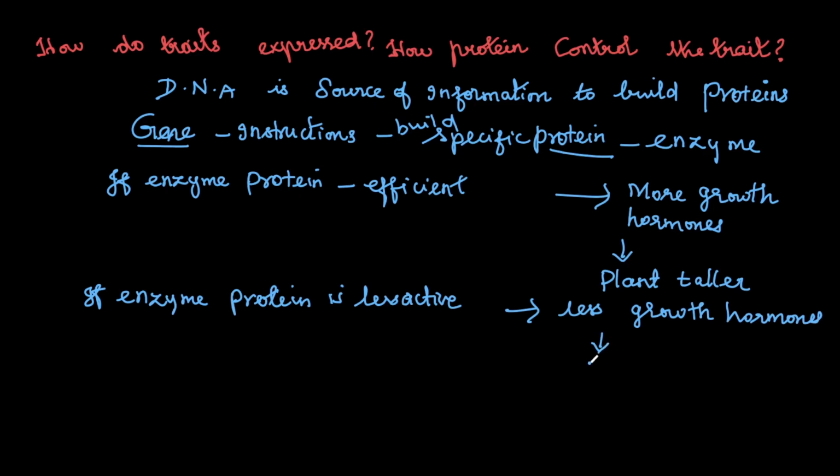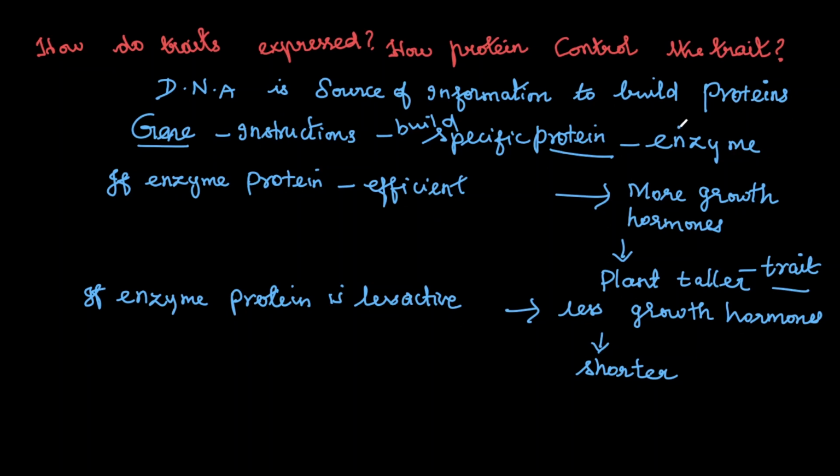Less growth hormone leads to shorter plants. So the information in the gene is able to control the growth of the plant, the tallness trait. The gene has instructions to control the trait, whether the plant is tall or short.